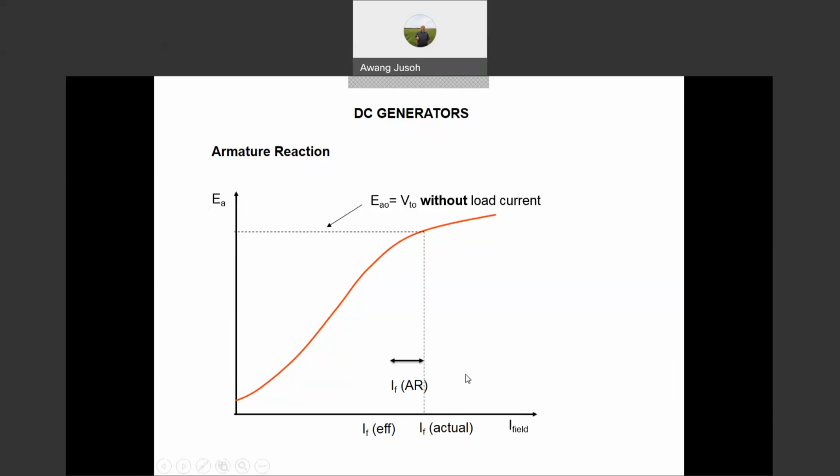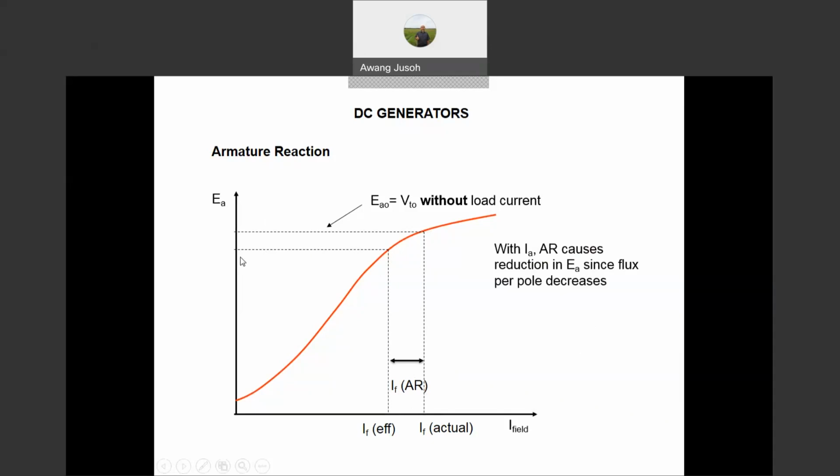Okay, understand? So now your new voltage will be lower. Okay, previously we got high voltage here, but now it becomes lower. Why? Because the flux is reduced due to the armature reaction. The flux per pole is reduced or decreased. That causes the voltage generation to drop at the generator terminal.